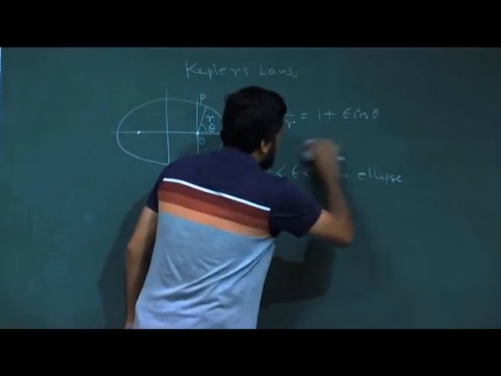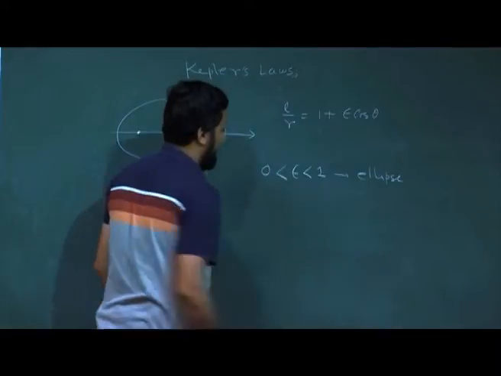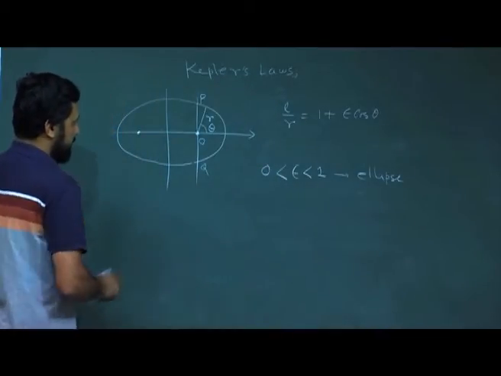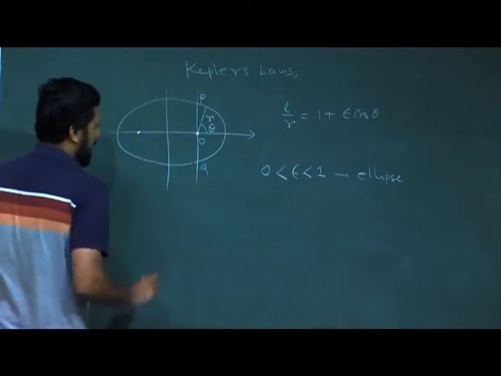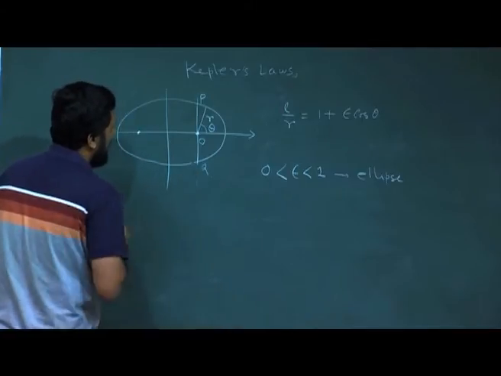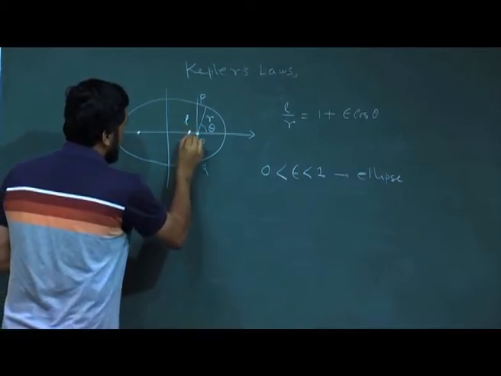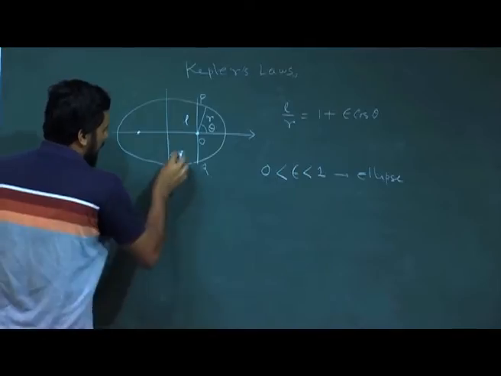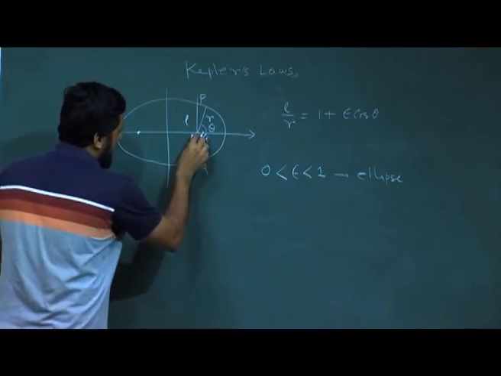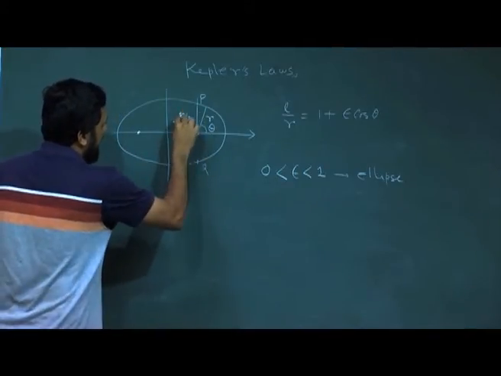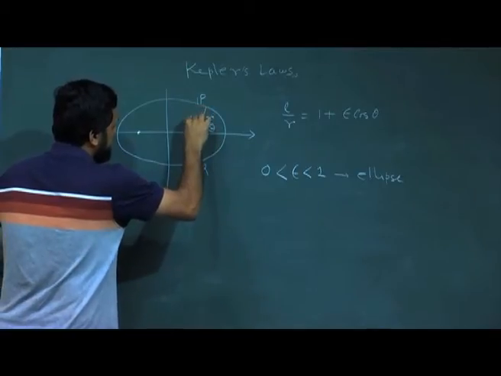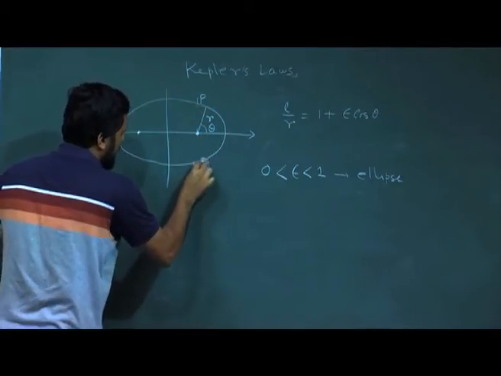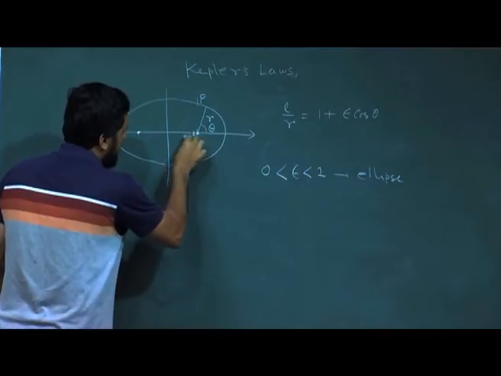Right now we are talking about an elliptical orbit, this general equation with this condition on epsilon, and we know that this length is L, this length is 2L. Also, now we have to define two parameters A and B. Let us try to do that.